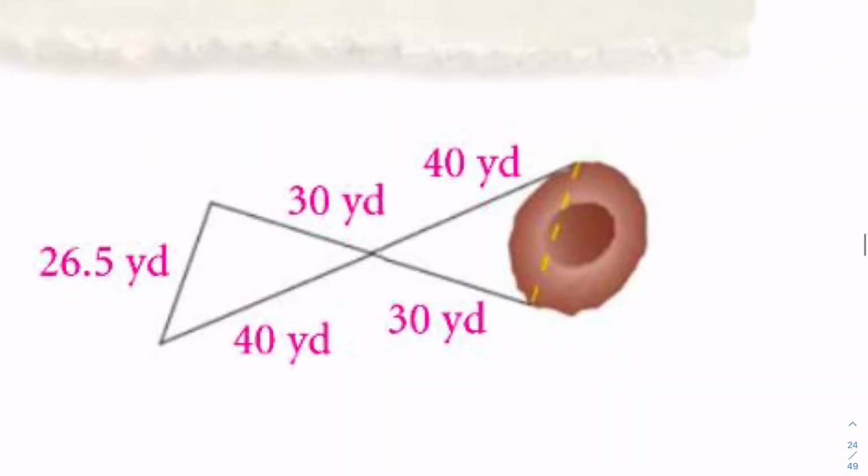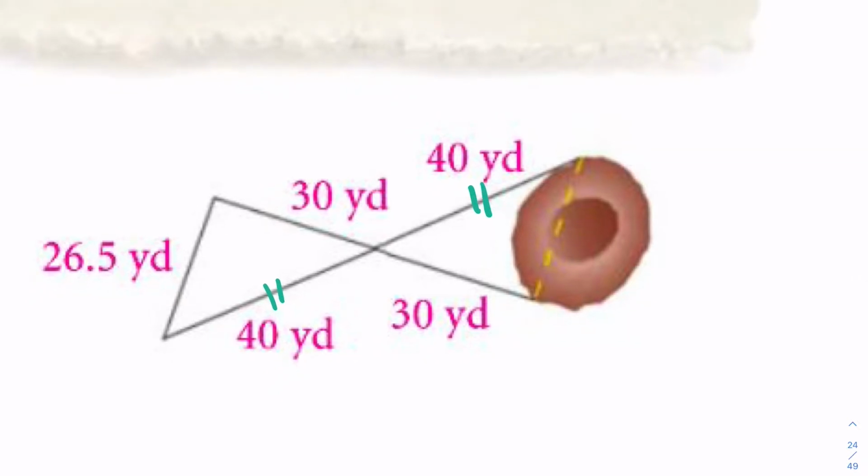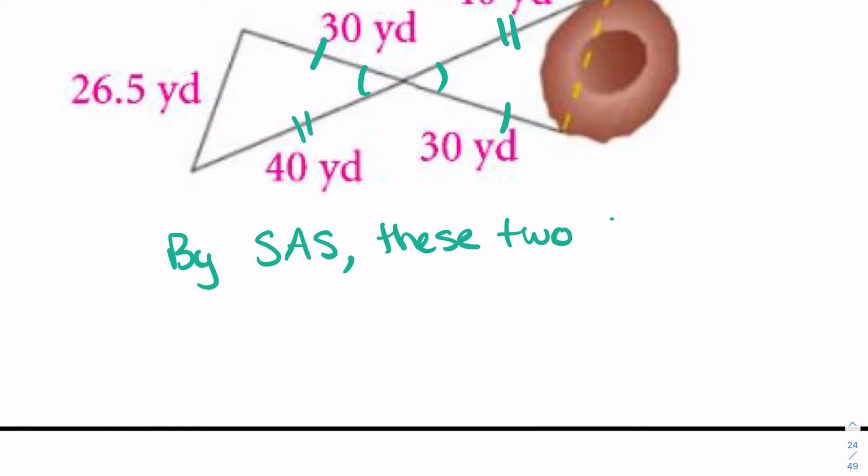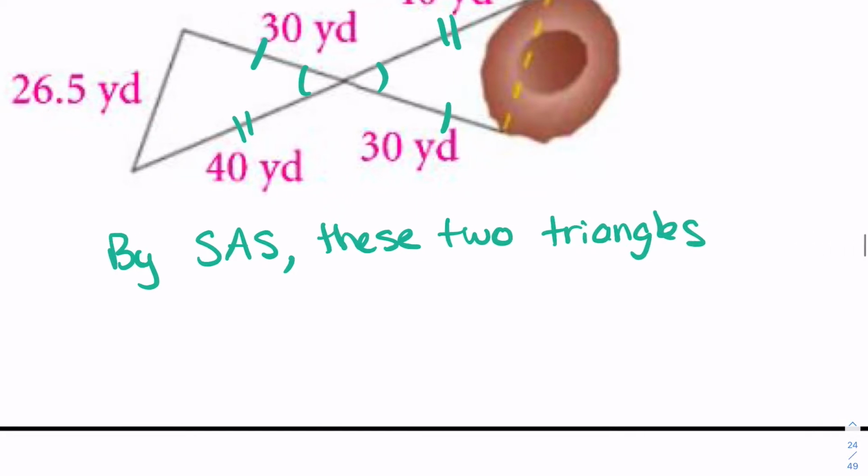So here's what I know. I know that 40 is congruent to 40. I know that 30 is congruent to 30, and I do know that vertical angles are congruent. So what I can say is, by side, angle, side, these two triangles are congruent.